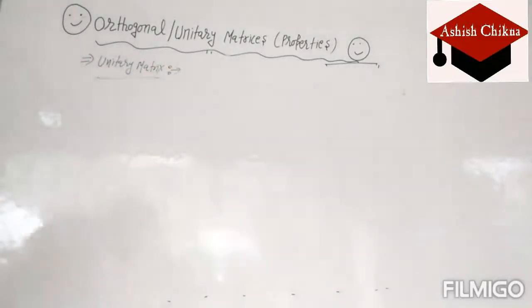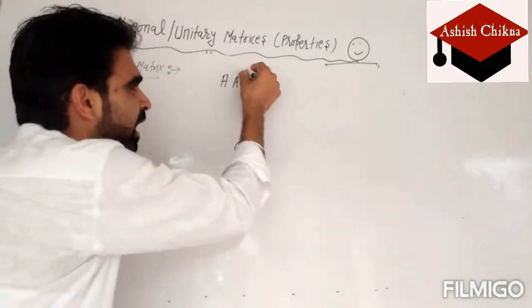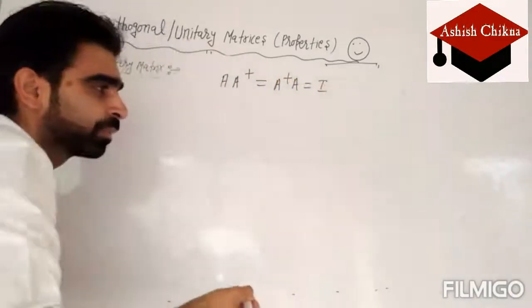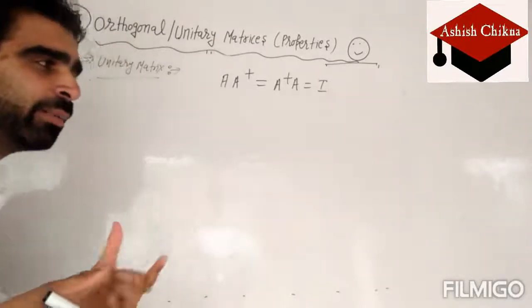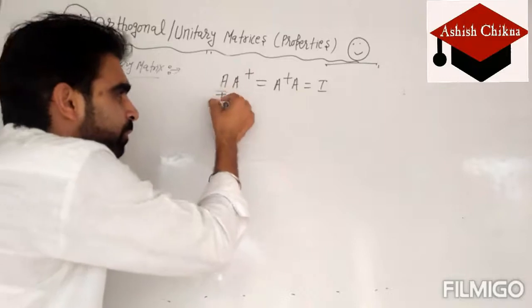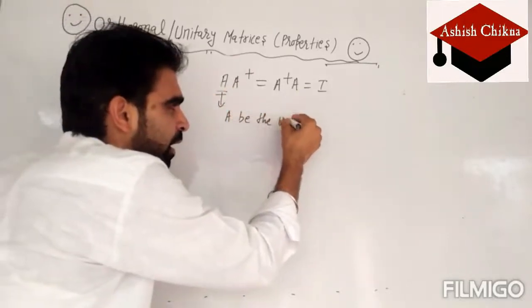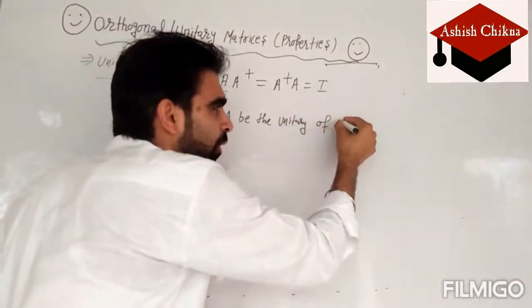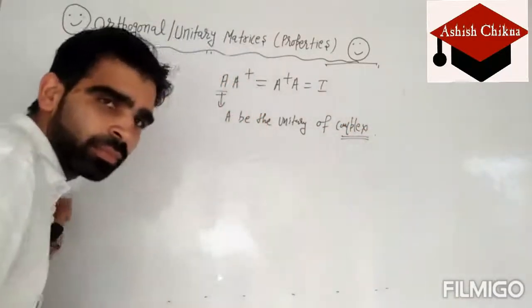Now for the unitary matrix, let's discuss the definition: A dagger A is equal to I. Here A is unitary and is always in complex form.